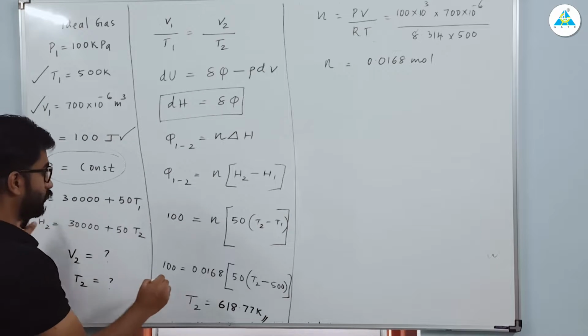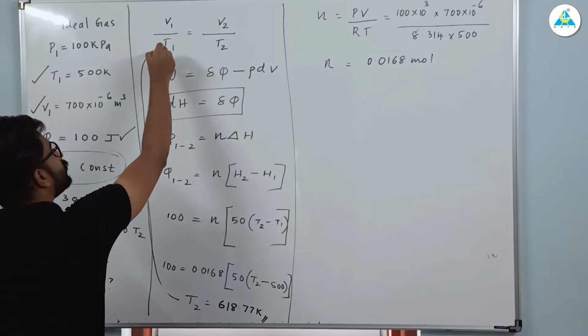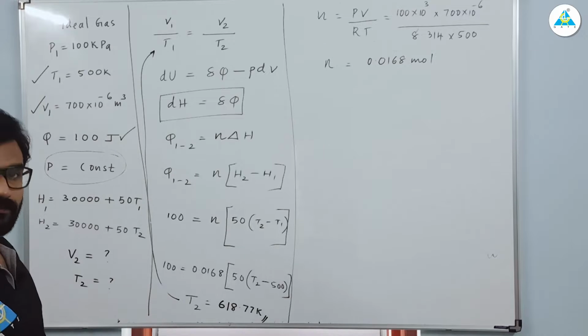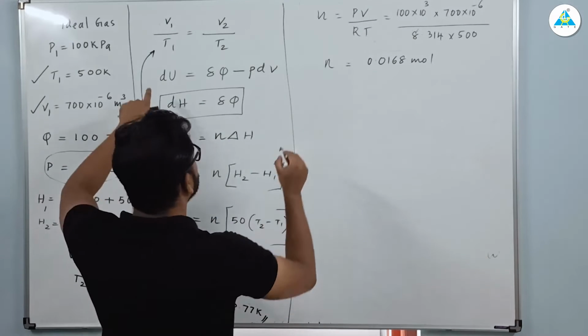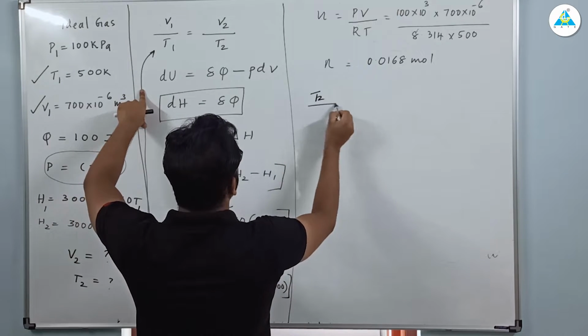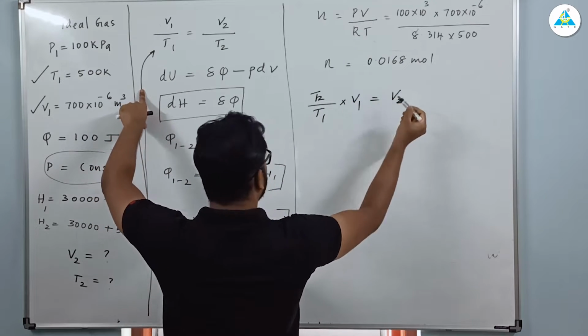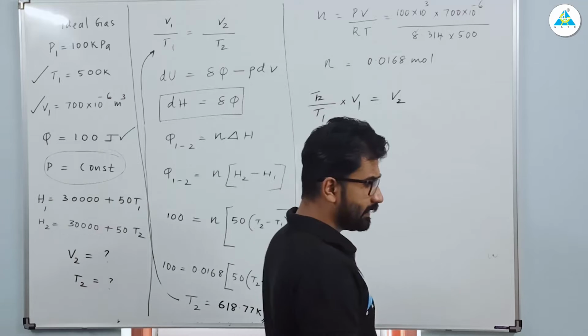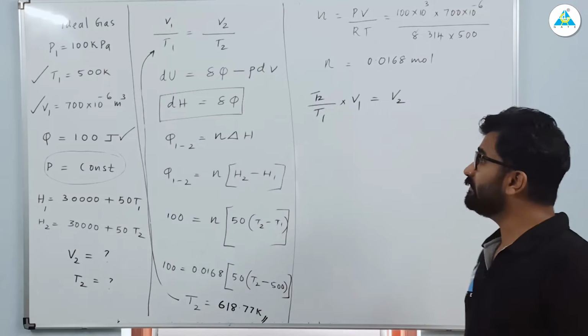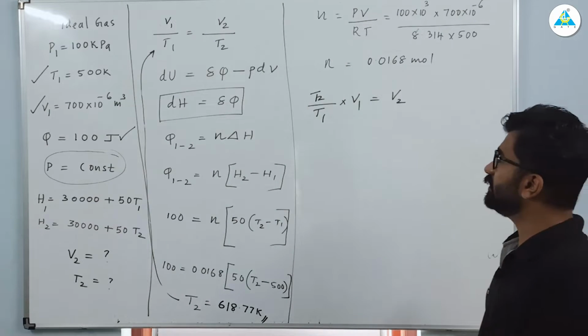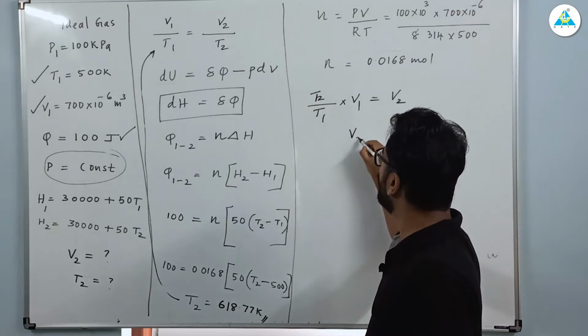Once you get T2, substitute T2 here. Find the value of V2. What will this be? T2 divided by T1 multiplied by V1 will be your V2. You know all the values. T2 is 618, T1 is 500, V1 is 700, and find the value of V2.